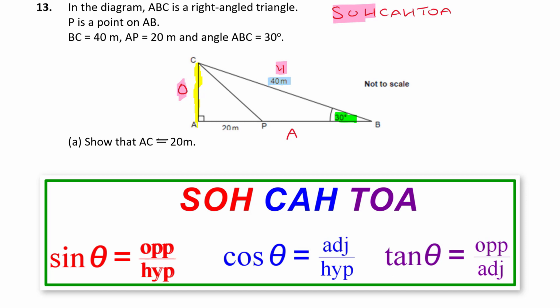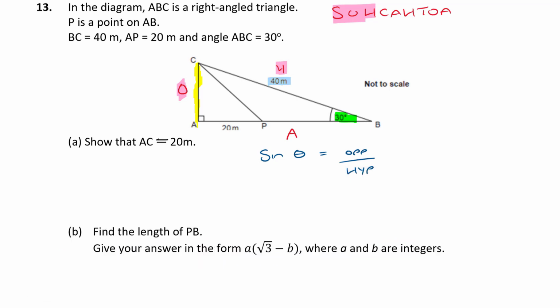So that's the sine of an angle is equal to the opposite over the hypotenuse, if we're writing that out nice and long. Okay, so we're going to write out the correct trigonometric ratio. Next thing is to sub in what we know. We know the angle is 30, so let's put that in. So sine 30 is equal to the opposite. That's what I want to find. It's the side AC. And then the hypotenuse we know is 40.